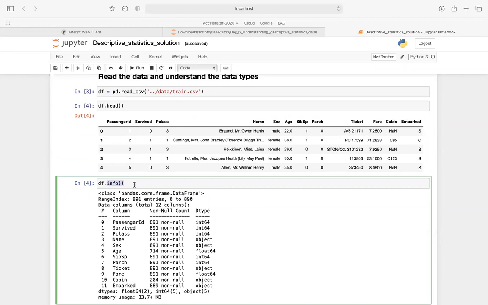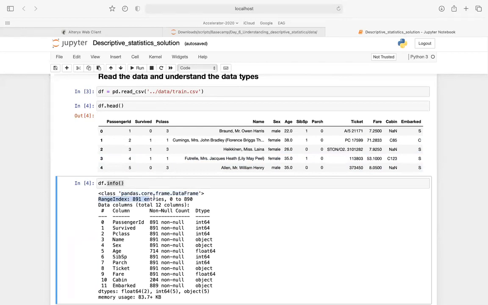Let's read the output line by line and try to understand it. The very first line tells you the type of the object, which is a pandas data frame. So I know that the df object is of type data frame.